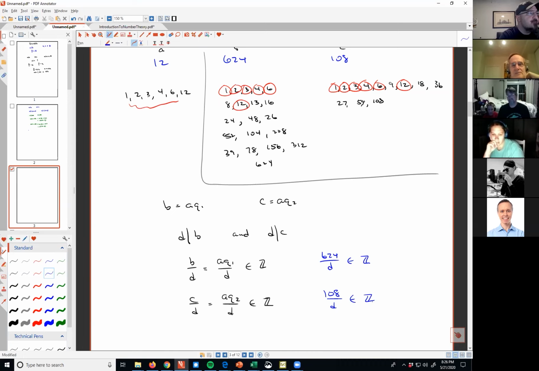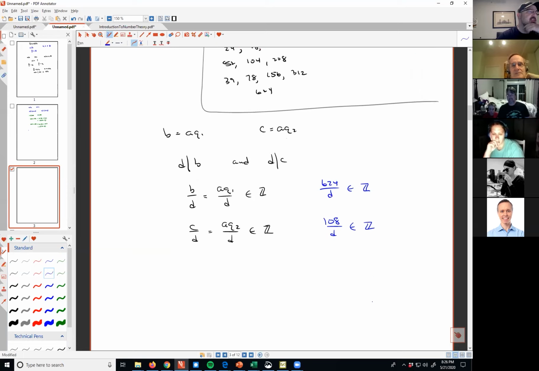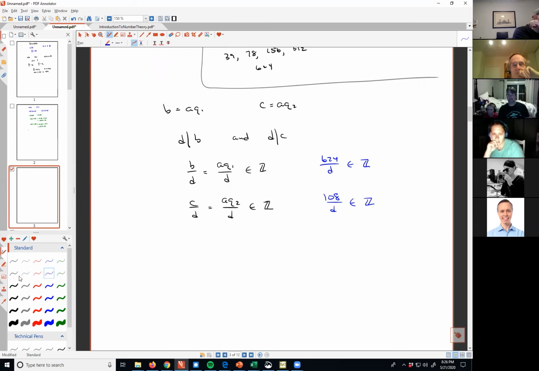So, okay, what happens when we add these together? Well, we add these together and we get B plus C. And if we divide this by D, then we're going to get A Q1 plus A Q2 over D. Okay, so what is it that we see and what is it that we can say?